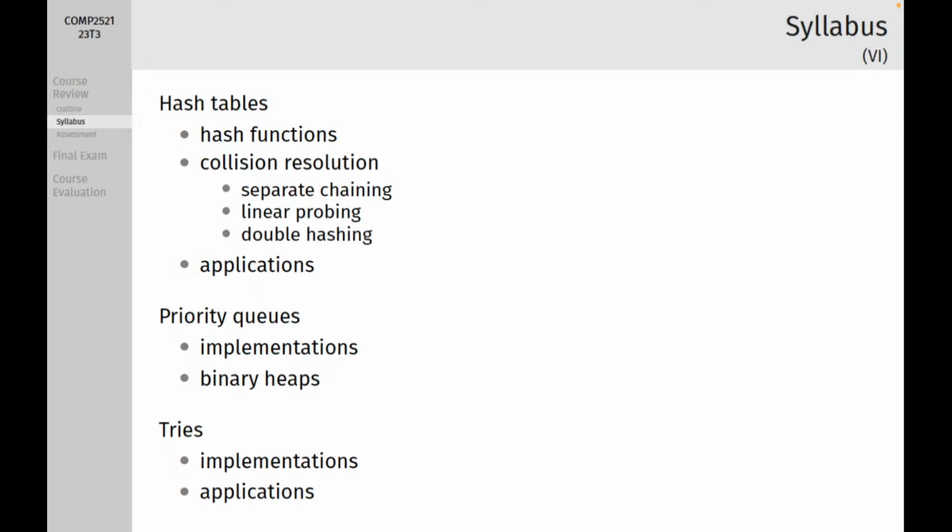And so we examined different ways of resolving collisions, namely separate chaining, which is where each array slot has a linked list of items, linear probing, which is where if you get a hash collision, you simply look at the next slot and you keep going until you find an empty slot, or double hashing, which is where if you have a collision, you use a secondary hash function to decide your increments and then use that as your increment when searching for an empty slot.